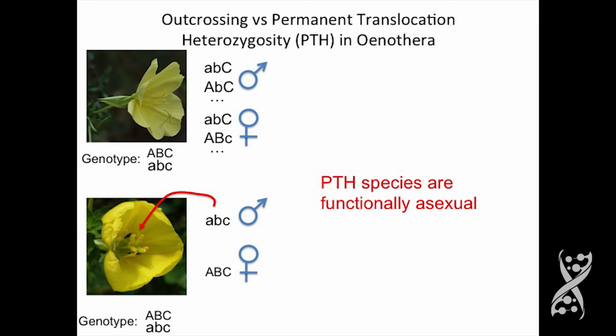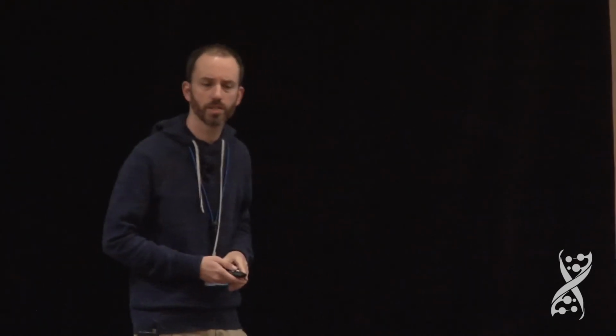Now, in species that have this permanent translocation heterozygosity, the pollen will have one of these haplotypes, the ovules will have another, and there's absolutely no segregation across chromosomes occurring as well. So no recombination and no segregation. And through self-fertilization, essentially this is maintained intact. So these permanent translocation heterozygotes are functionally asexual.